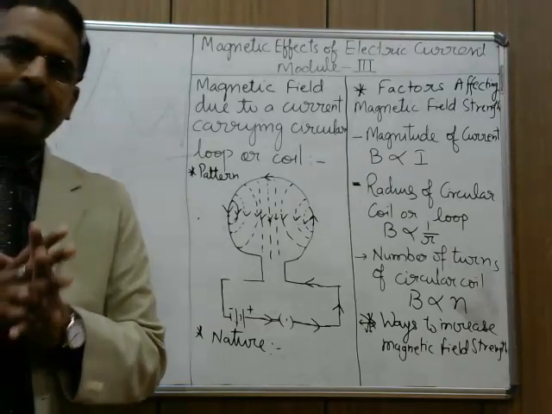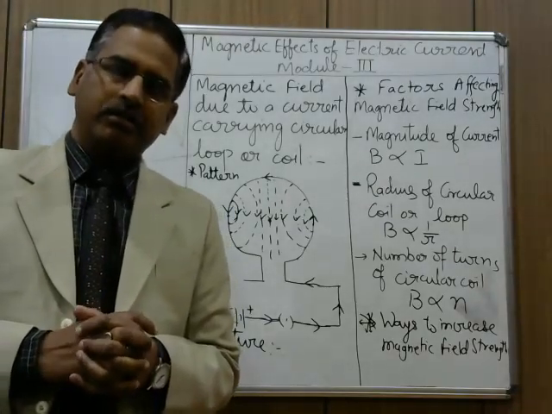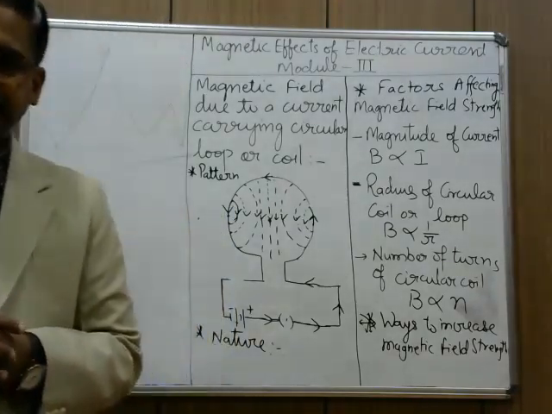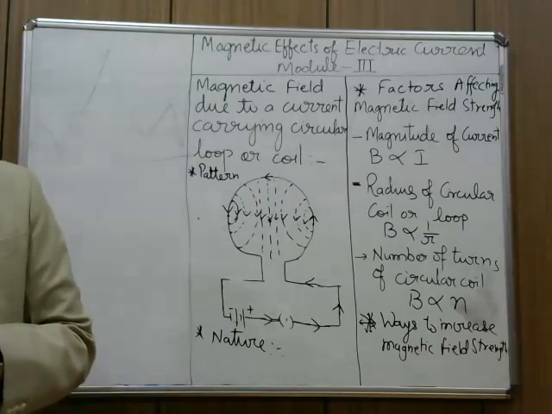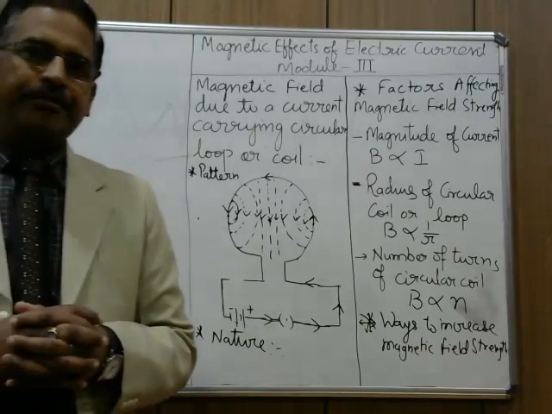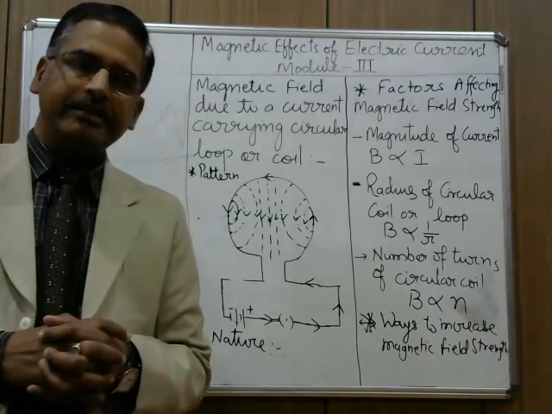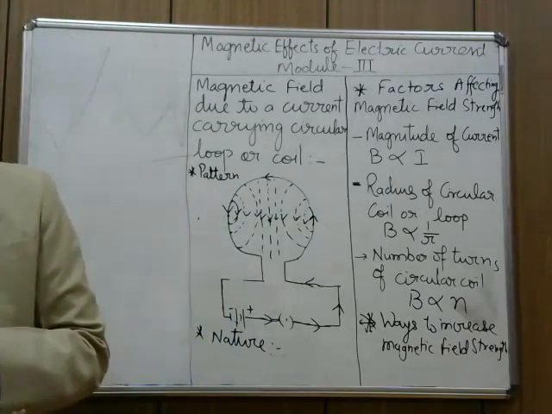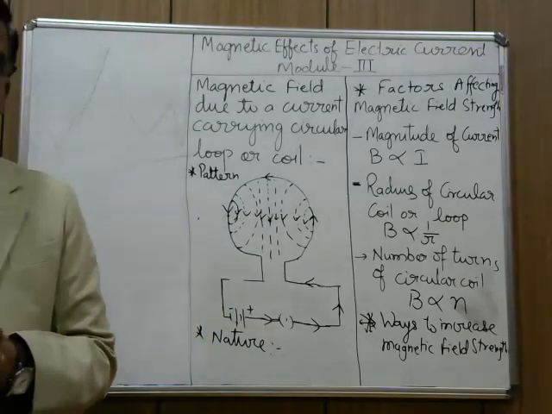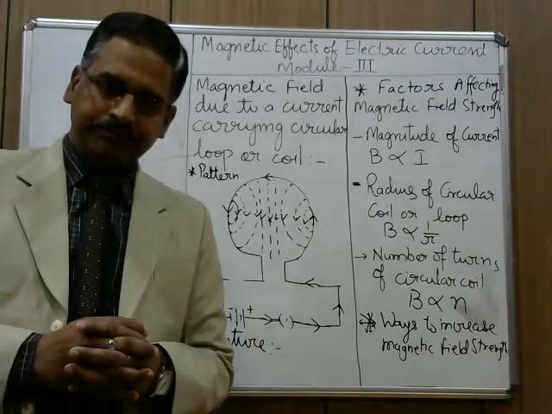To increase the magnetic field strength at a point or at the center of the circular loop, there are two methods only. First, either you increase the amount of current in the circular coil, or you increase the number of turns.